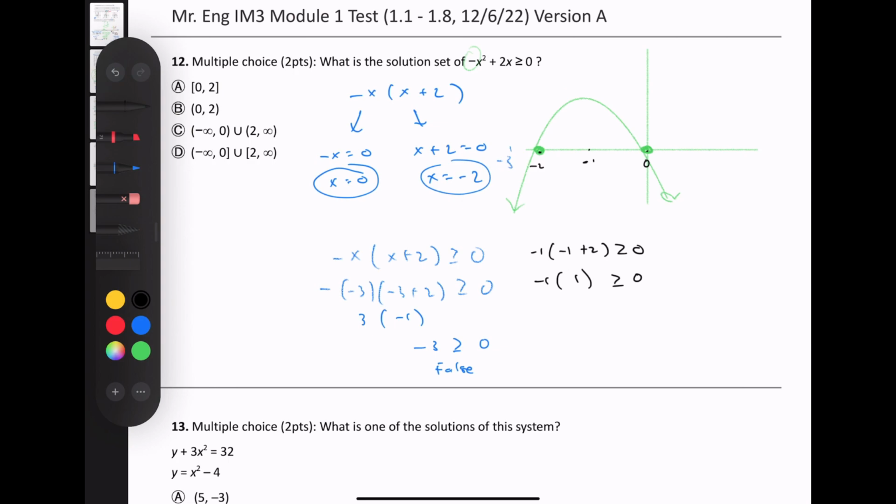And I see a mistake. Did someone see my mistake? It is right here. So -x times x is -x squared, -x times -2 would give me +2x. So this would have to be a +2.